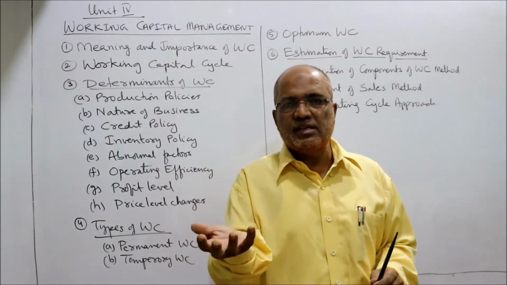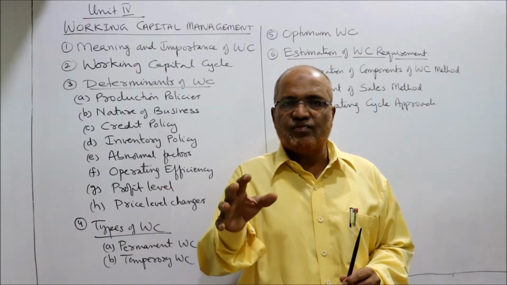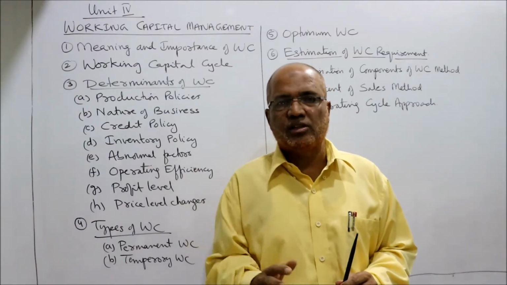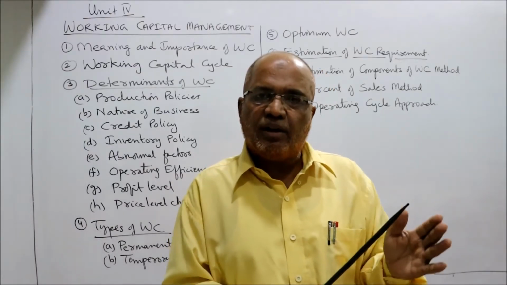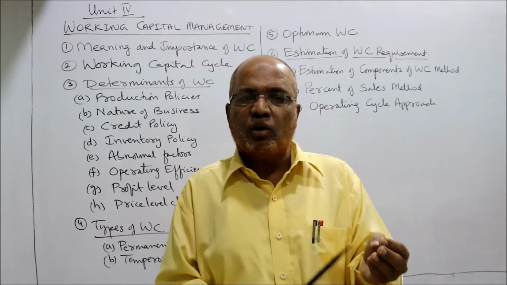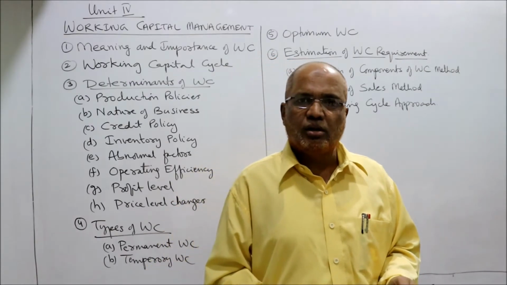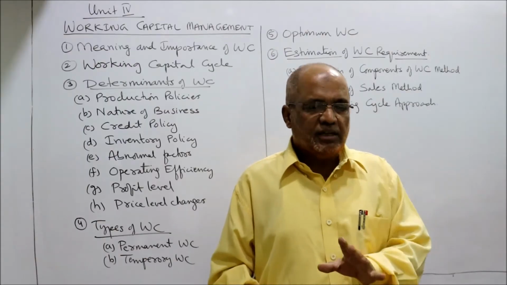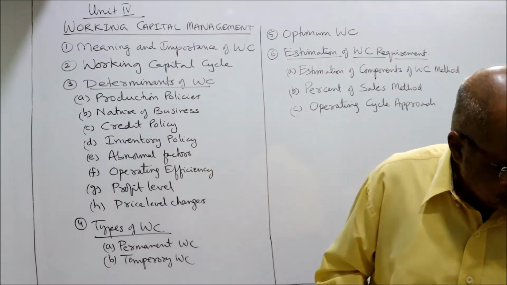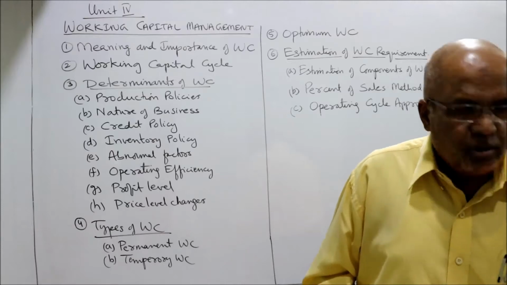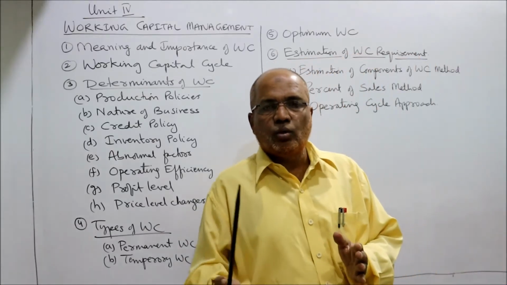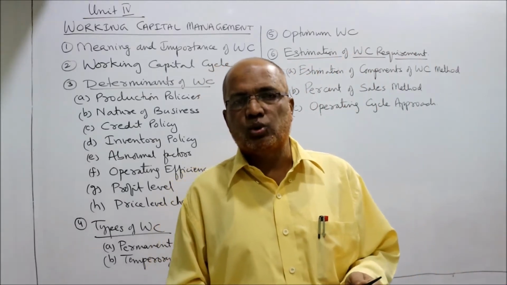Suppose a person is having some funds. With the help of these funds, he is purchasing the raw material. He is keeping the raw material in the godown for some time, because immediately after purchasing the material it cannot be converted into stock. Normally some period is required to convert it into finished goods.